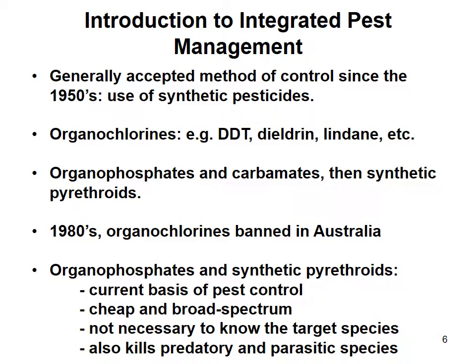Later came the organophosphates and carbamates, and then the synthetic pyrethroids. Since the 1980s, the organochlorines have been banned in Australia. So the synthetic pesticide era has become accepted as the conventional approach to pest management.